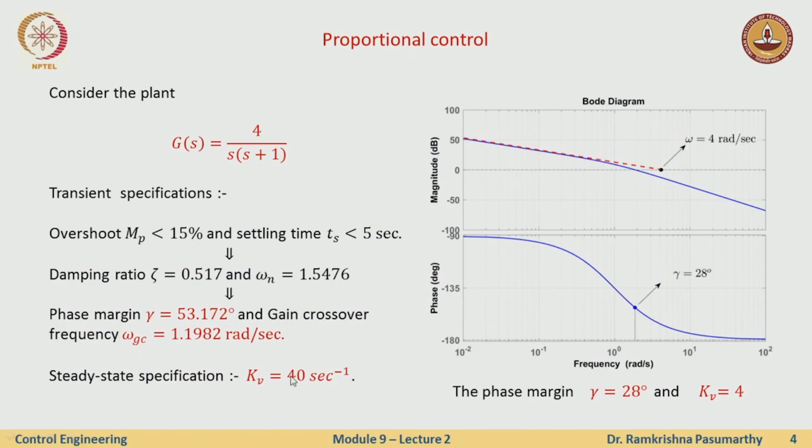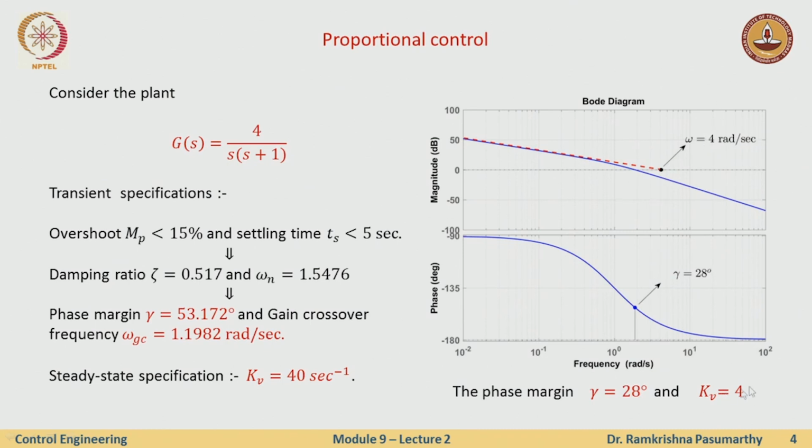Now, just look at the open loop Bode plot. The open loop system has a phase margin of 28 degrees, and I know how to find the velocity error constant from the Bode plot. I just extend this line and find the frequency at which it intersects the 0 dB line, and that frequency is actually my Kv.